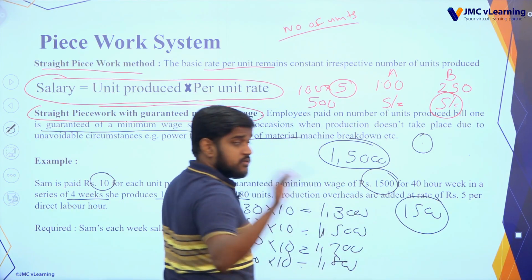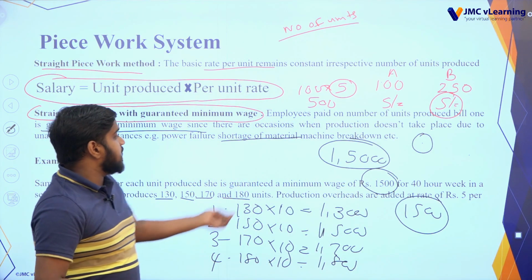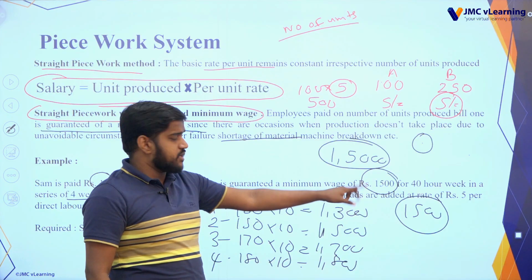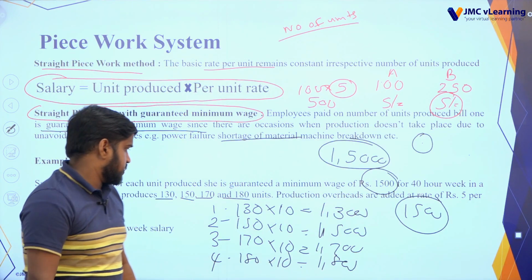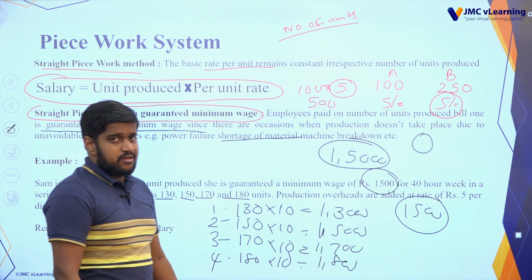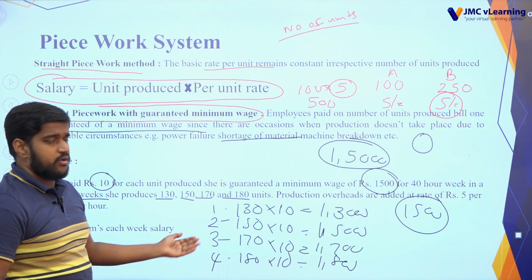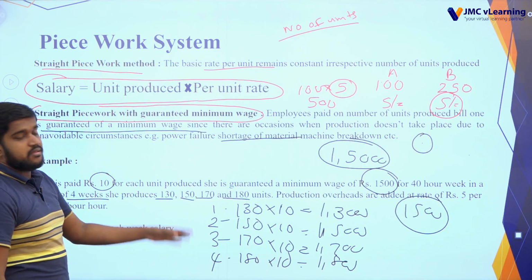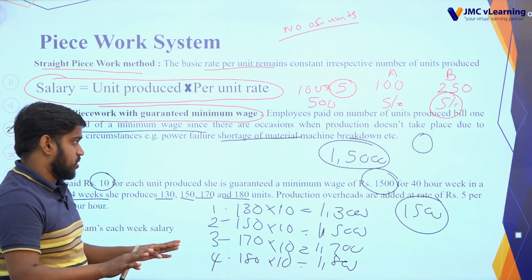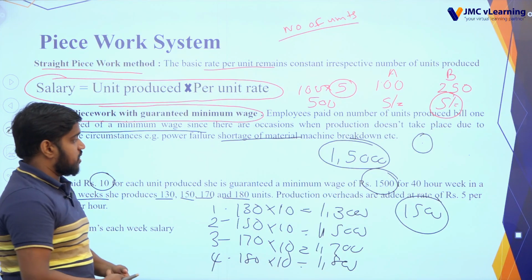Therefore, she is eligible to get 1,500 rather than 1,300 because her minimum wage limit is 1,500. Then in the second week, she can get 1,500, no issue. In the third week, 1,700. Then the fourth week, 1,800, no issue. It is above the minimum wage limit.